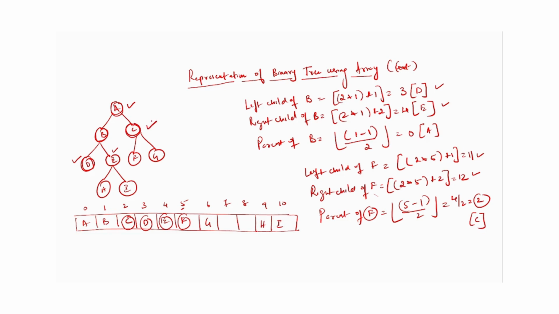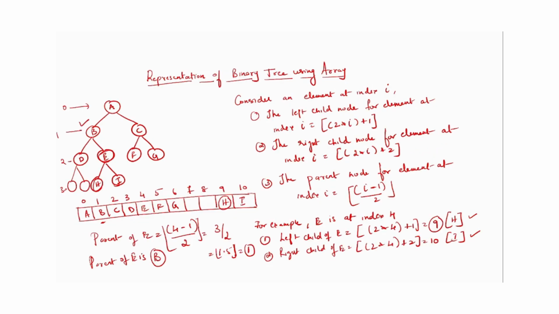Which is right. Therefore here the left child of F, we don't have any element at F, right? Therefore there is no left child of F in this binary tree. There is no right child of F in this binary tree, but there is a parent of F. The parent of F is nothing but index 2, and at 2 we have C here, and we confirm it with the binary tree as well, where C is the parent of F. Therefore we have seen 3 examples here.